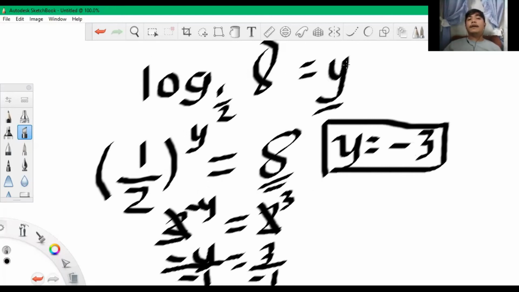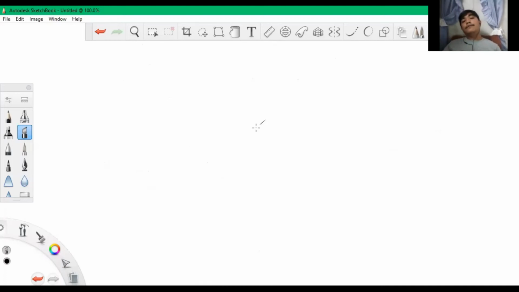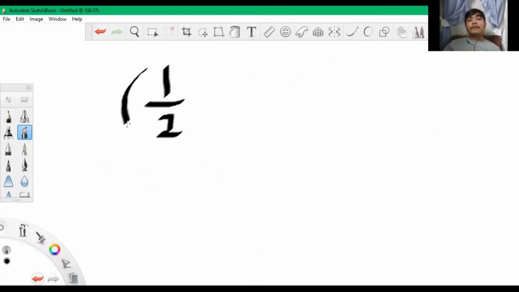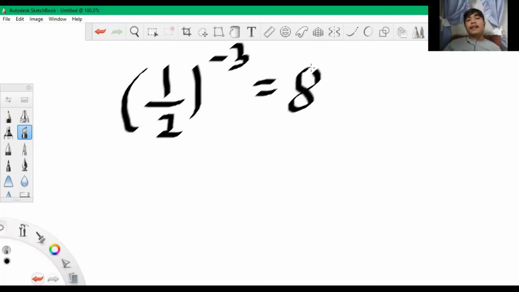And we can write this logarithm as the logarithm of 8 to the base 1/2 equals negative 3. So for checking purposes, let's have again the 1/2 raised to negative 3 is equal to 8. And again, since we have negative exponent, in order for it to be positive, we will get the reciprocal of the base.